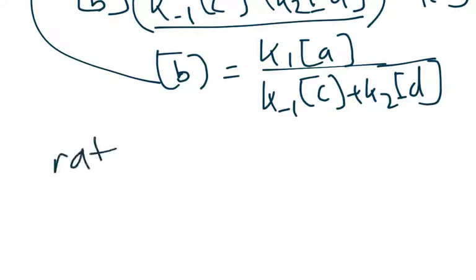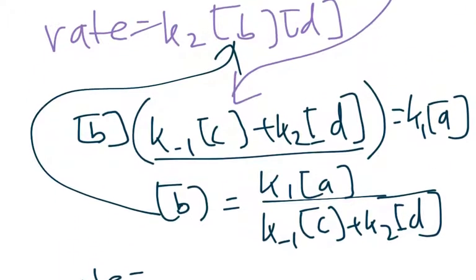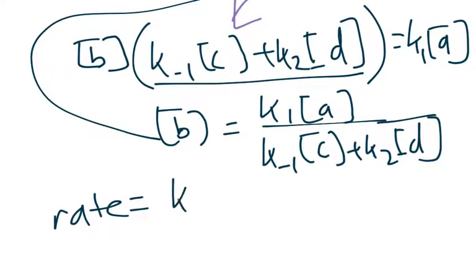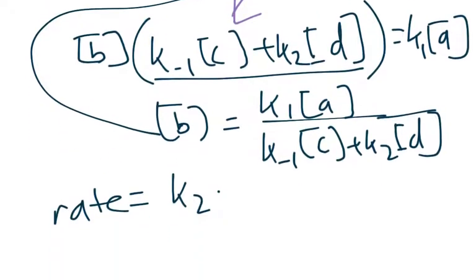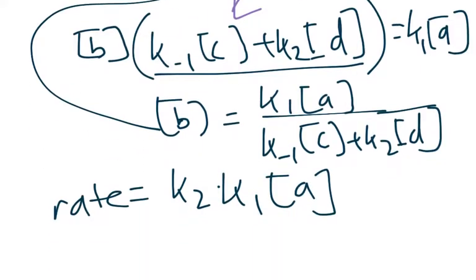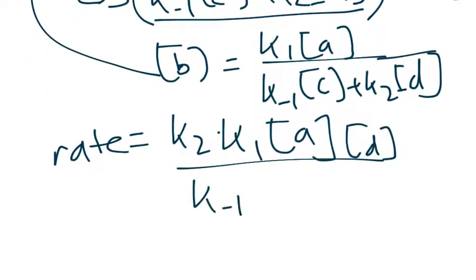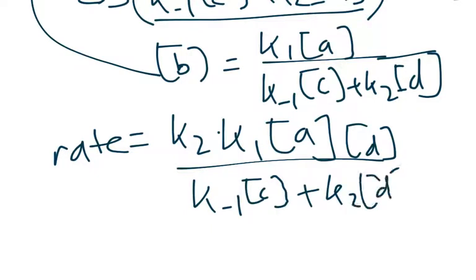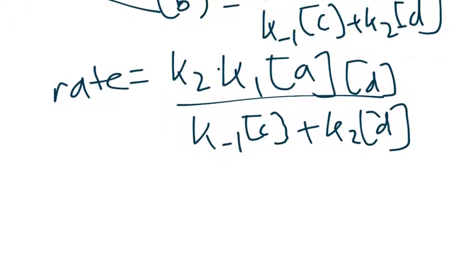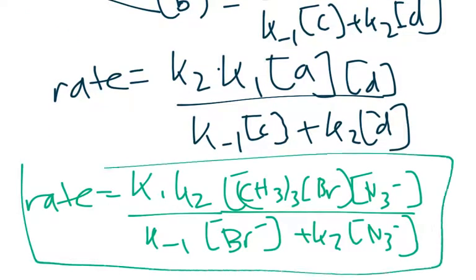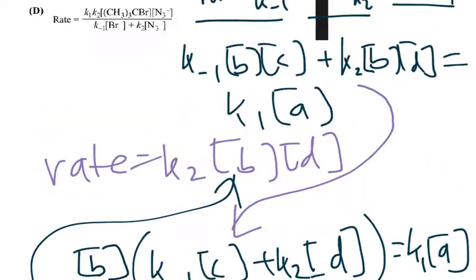So rate is equal to K2 times K1 times A times D all over K-1 times C plus K2 times D. And we have to do some substitution, so we get this, which is written in green, and that matches answer choice D.